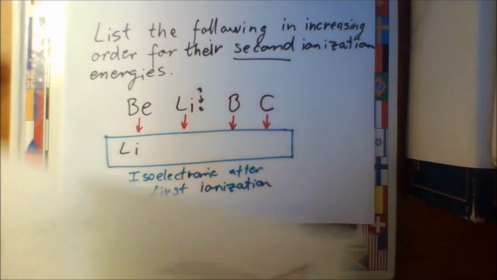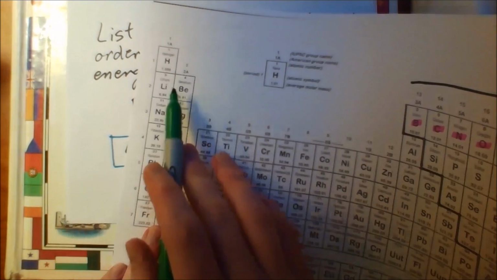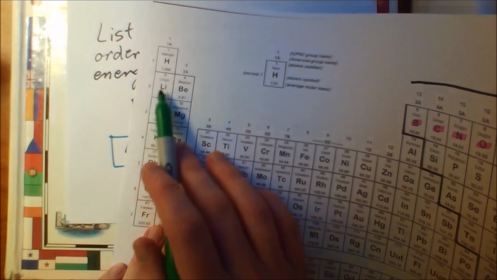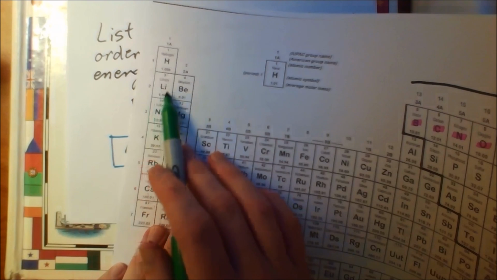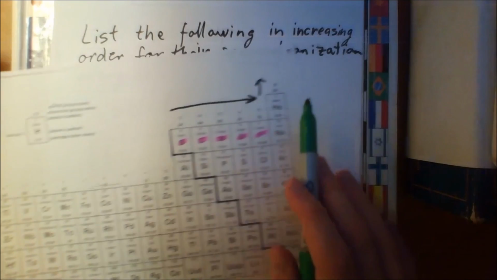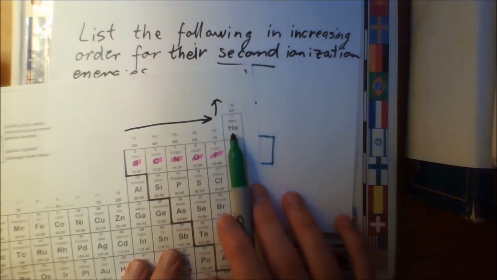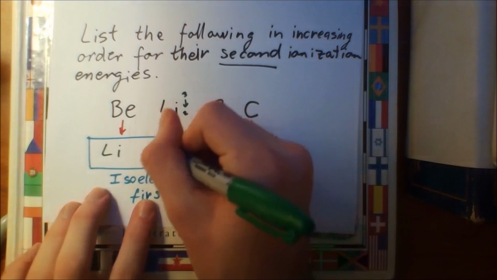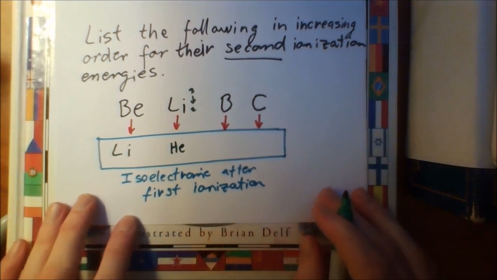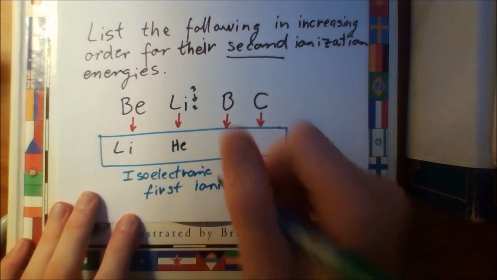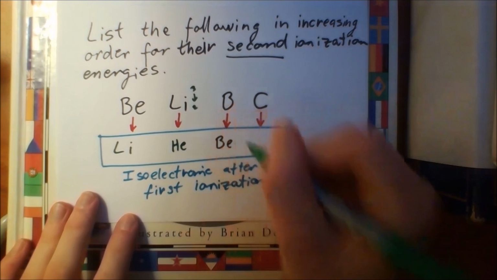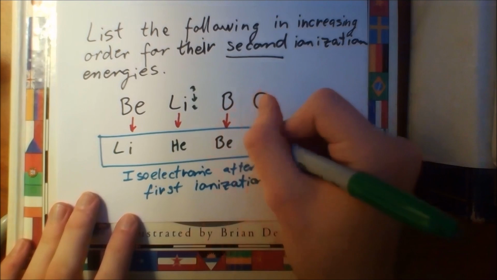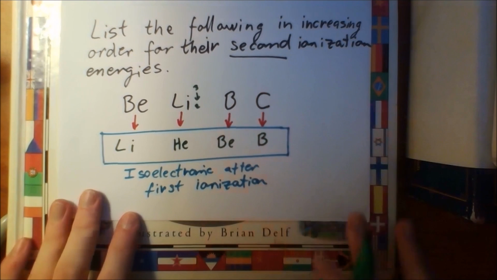Lithium is already as far left as we can go, so we move to the next row and it becomes isoelectronic with helium. Boron is going to become isoelectronic with beryllium, and carbon will become isoelectronic with boron.